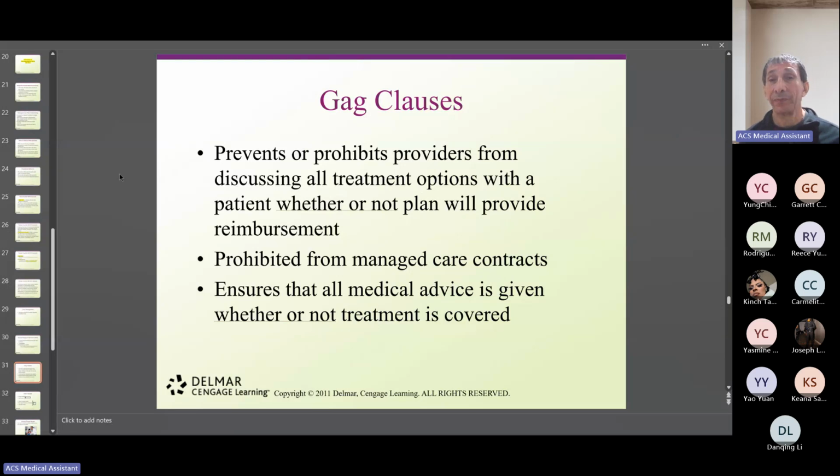We discuss what the risks are, what the benefits are, what other options the patient may have. But we don't talk about how much money we are getting reimbursed for doing this procedure. That's a gag disclosure.